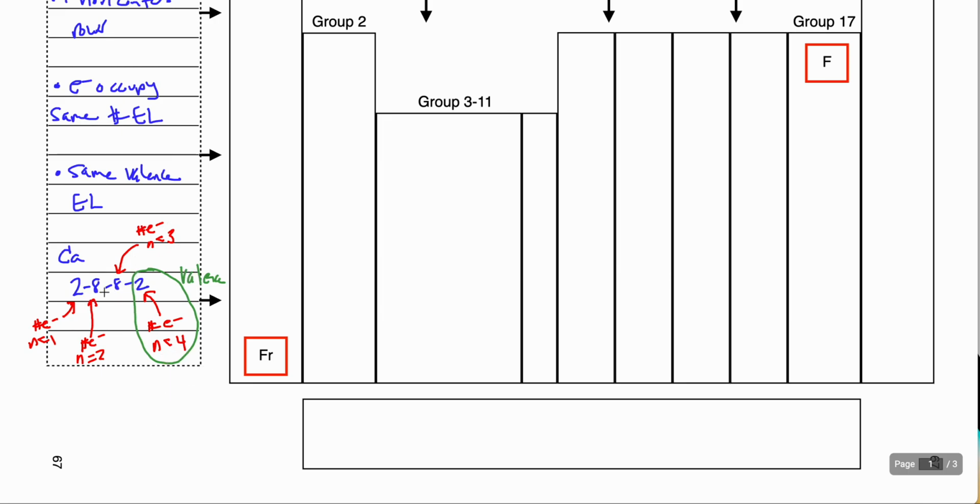So be able to look at the configuration and figure out which energy levels are being occupied, which energy level is the valence shell, and how many electrons are in the valence shell. If I was to draw the dot diagram for calcium, it would get those 2 dots because there's only 2 valence electrons. You will also notice that I have fluorine showing up and I have francium showing up.